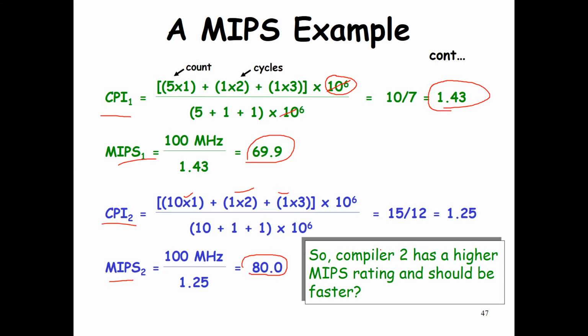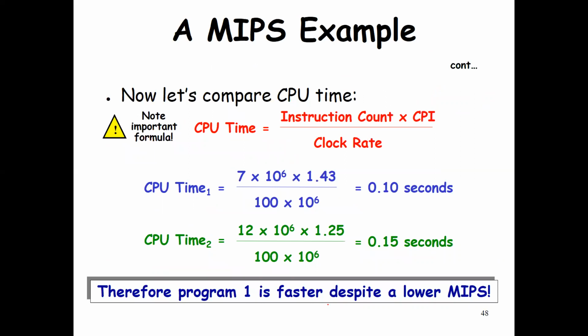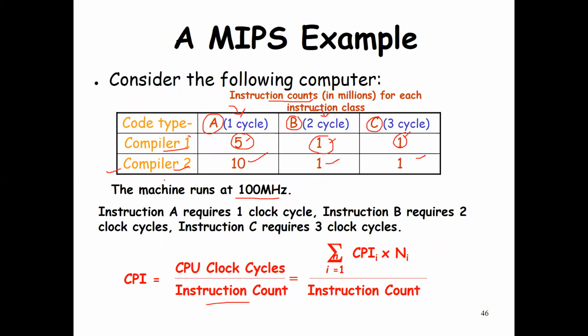Compiler 2 has a higher MIPS rating and it should be faster. But let us calculate the performance using some other technique. Let us take the CPU time. How much CPU time is required for both programs? CPU time is instruction count into CPI by clock rate. In the first case there are 7 instructions, 5 plus 1 plus 1.